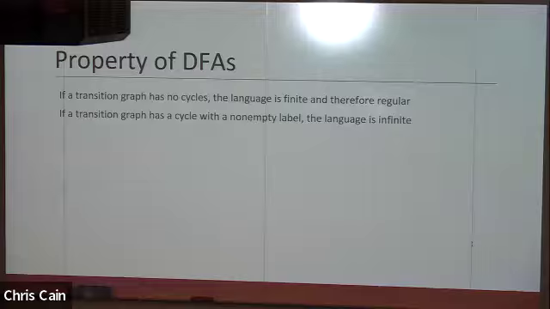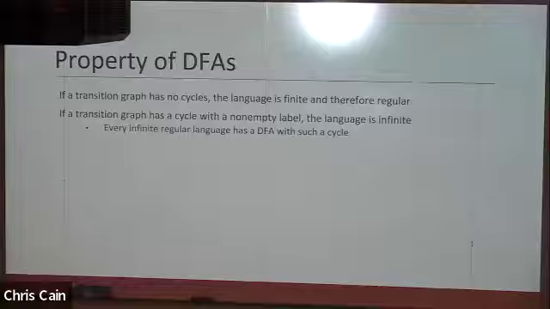You can repeat that cycle any number of the natural numbers times whenever you get there. So as soon as there is a single path to that cycle, you've created the ability to represent a language with an infinite number of strings. So every infinite regular language has a DFA with a cycle in it.